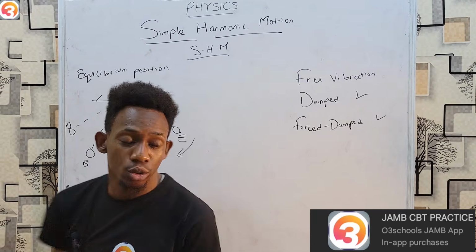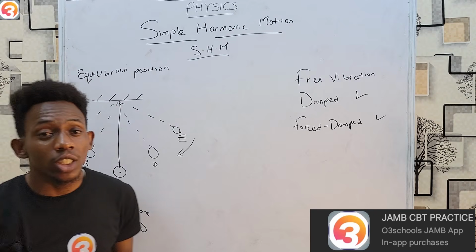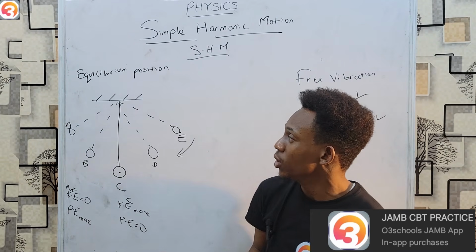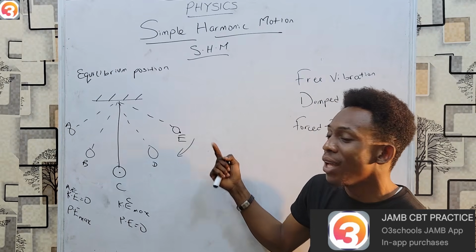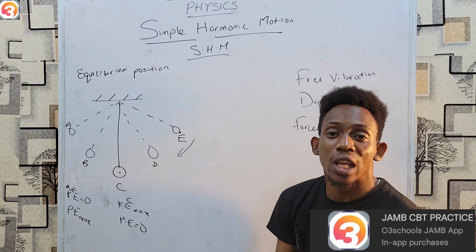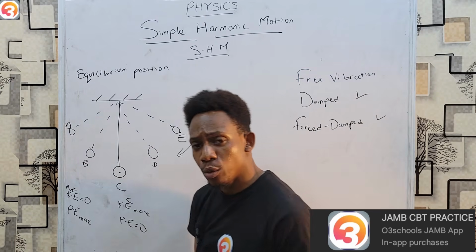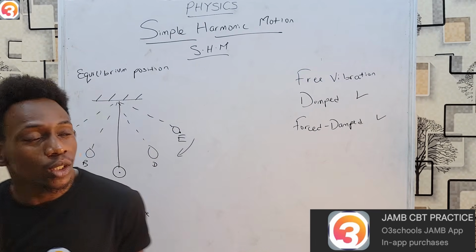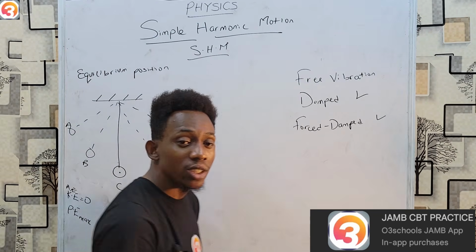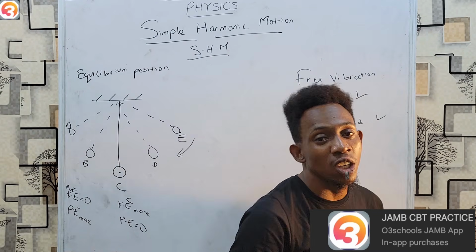In free vibration, this object doesn't experience frictional force, so there's nothing going to stop it. That means this pendulum ideally should move forever and ever without stop. But in real life, you'll notice that doesn't happen. You don't have any object oscillating forever. What stops it? Things like air resistance and frictional force.